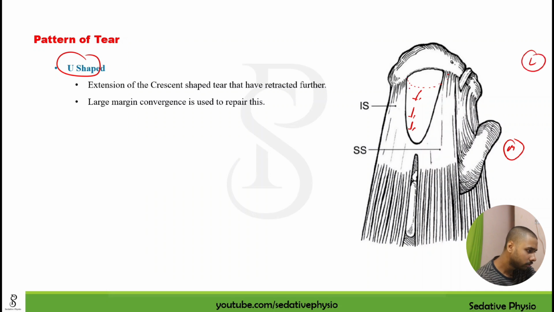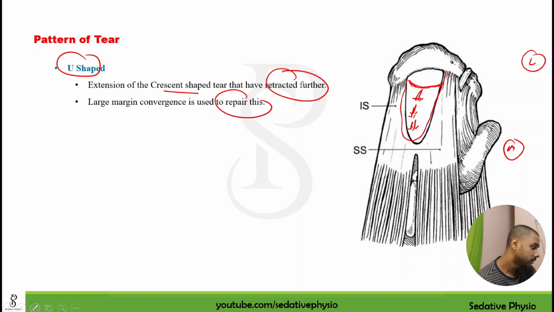So the U-shaped is the extension of the crescent shaped tear that has retracted further. In the crescent shaped, the edges were here, but when it gets more retracted in the medial aspect, it becomes a U-shaped tear, and hence it is called U-shaped. Here large margin convergence is used to repair this. Now see what it means.